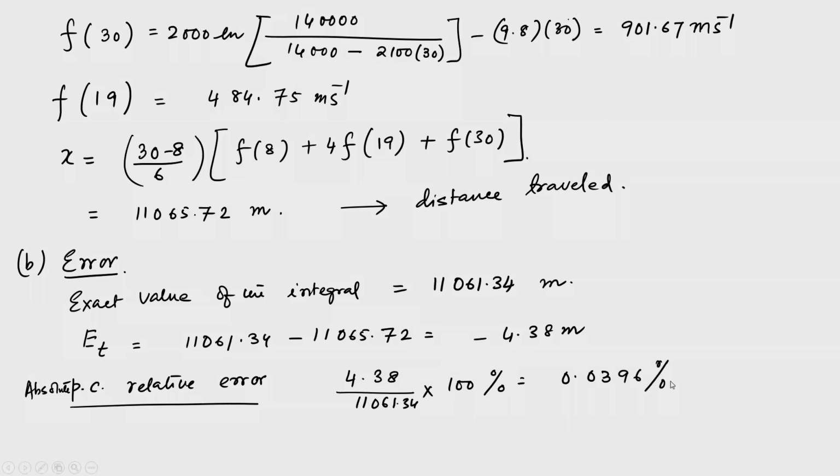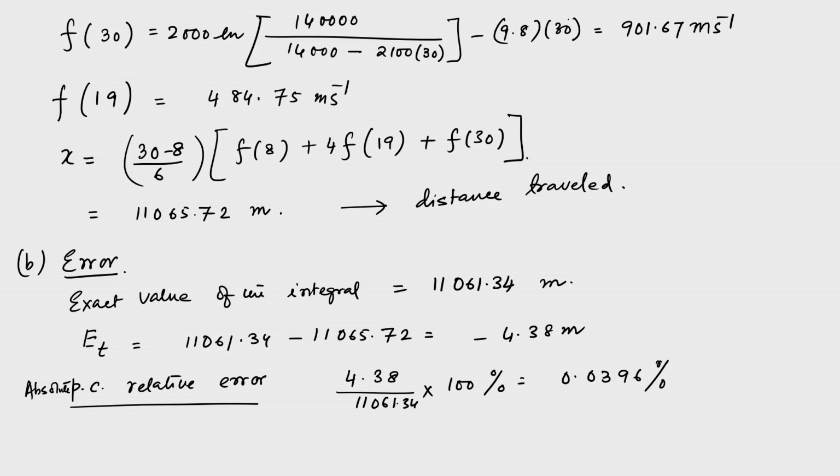So, just one interval, the bare Simpson's 1/3 rule for this problem of rocket motion gives you a value which is pretty close, and it is only off by this 0.04%.